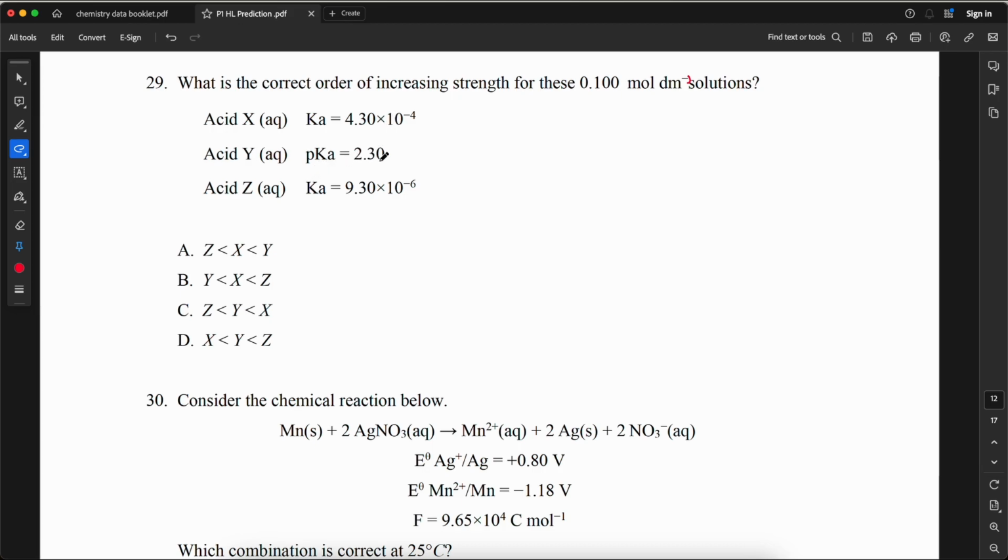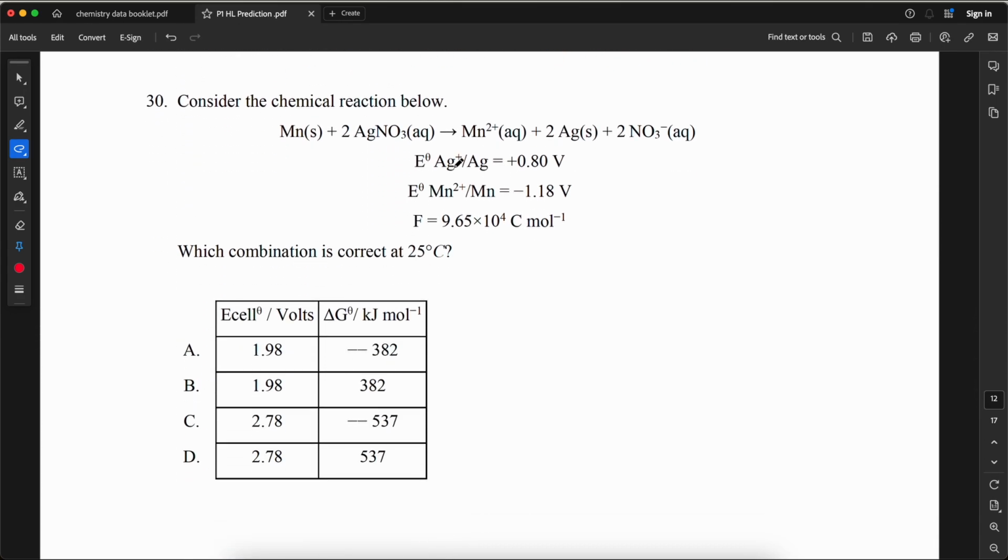For pKa, pKa is negative log Ka, and Ka would be 10 to the power negative pKa. So we can estimate this one between 10 to the power negative 2 and 10 to the power negative 3, as it lies between 2 and 3. It means Y is the strongest and Z is the weakest. So the answer would be A.